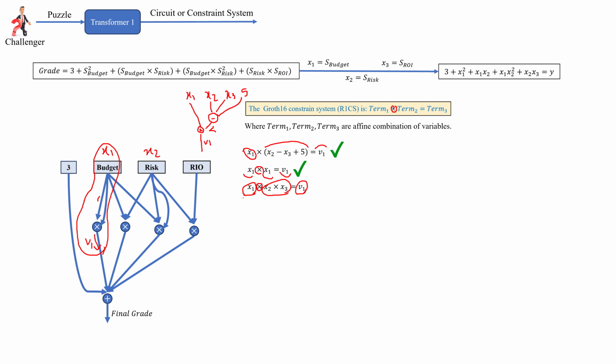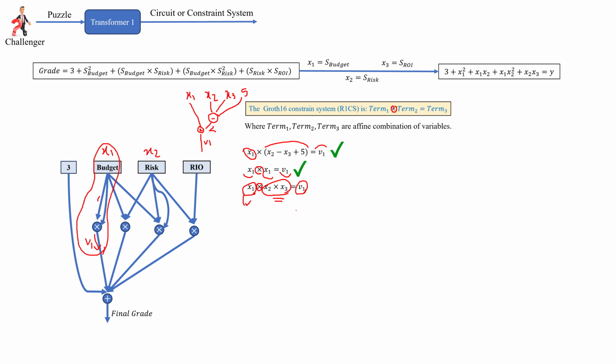So term 1 is a valid part because this is an affine combination of variables. But term 2 is not an affine combination of variables. We already mentioned that multiplication between variables is not considered affine.